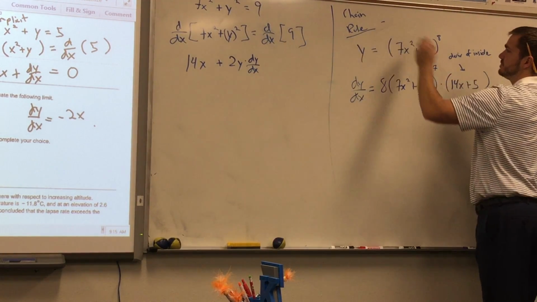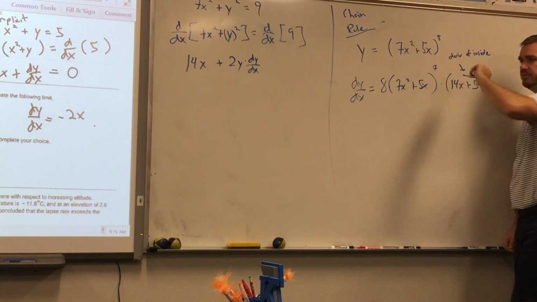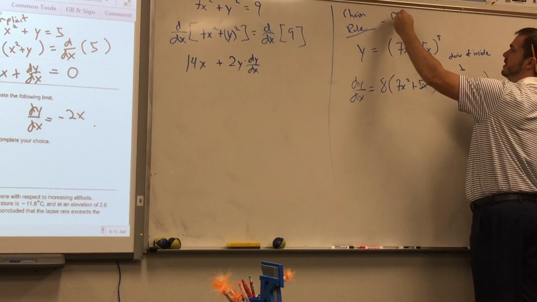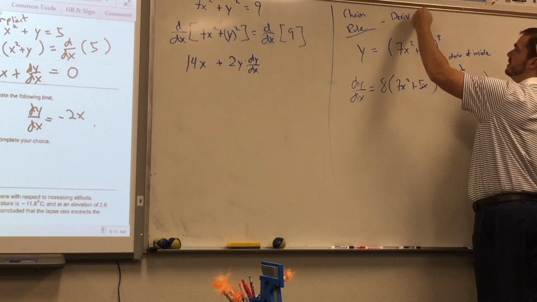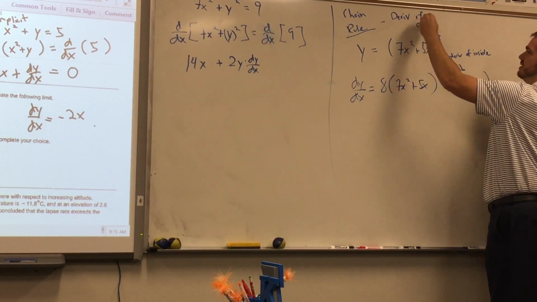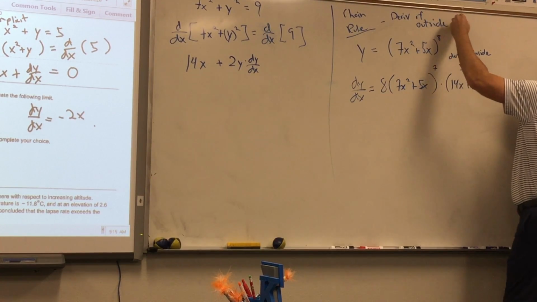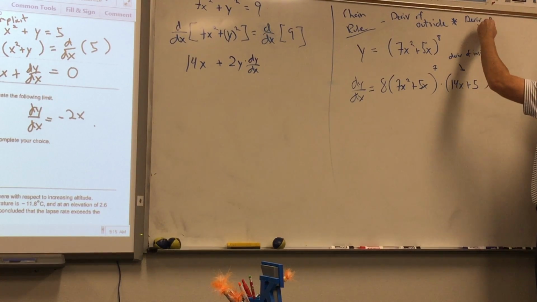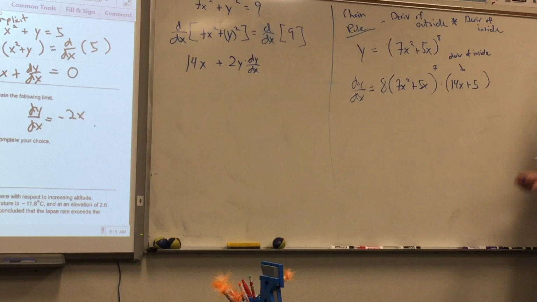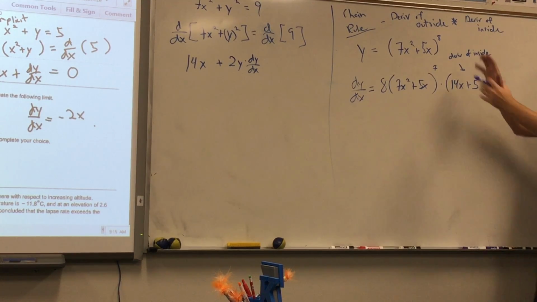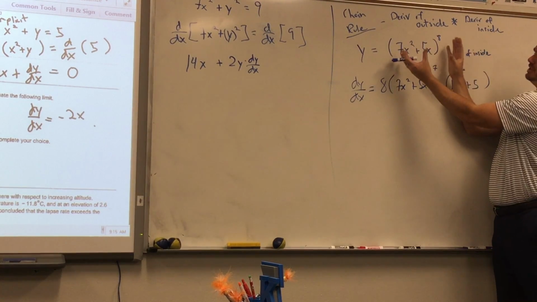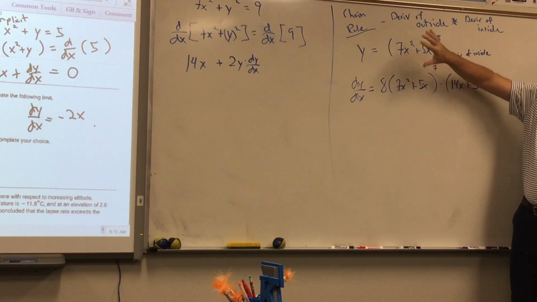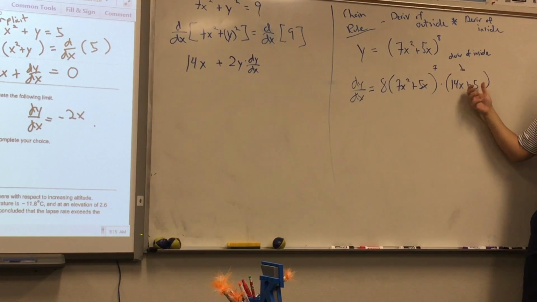So the chain rule can lovingly be remembered as the derivative of the outside times the derivative of the inside. And you have to think, what's the outer function, okay, which is blob to the 8th, times the derivative of the inside, which is going to be all this.